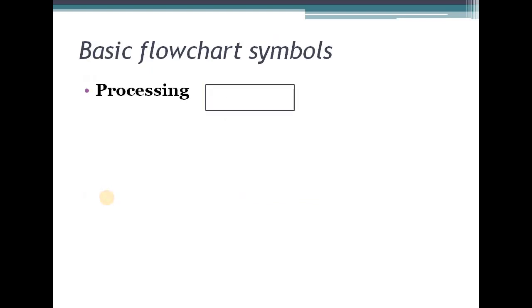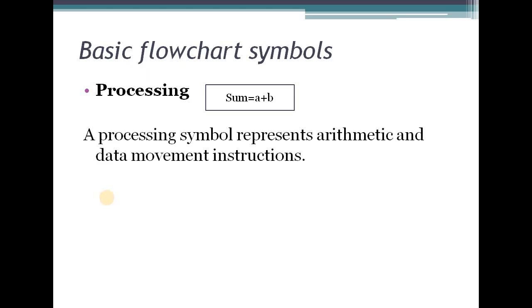The third type of symbol is the processing box. We are going to use a rectangle for processing. A processing symbol represents arithmetic and data movement instructions. So arithmetic instructions like sum is equal to a plus b are used in a processing box, and data movement instructions like a is equal to b or b is equal to 0, such types of instructions can also be used in a processing box.